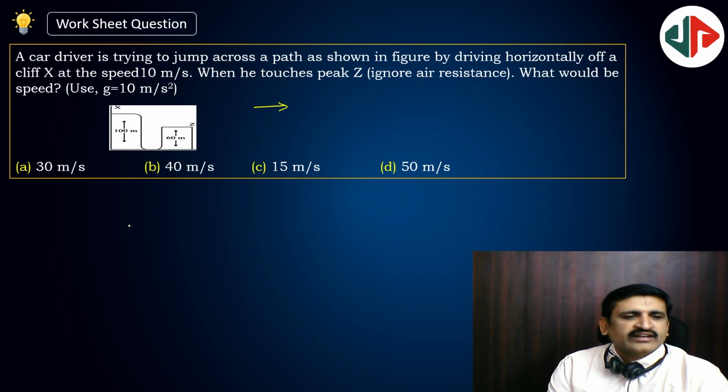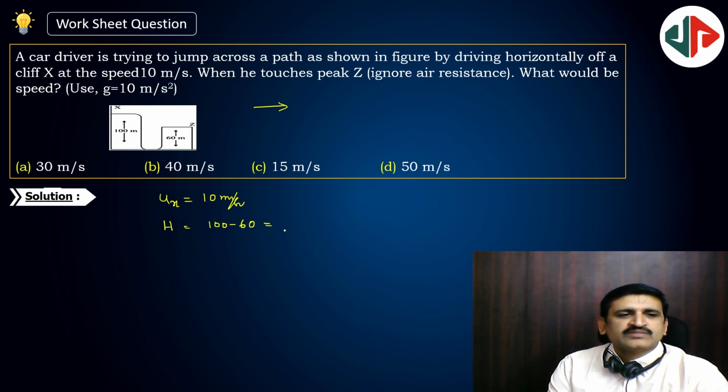That I can write as, here I will write ux is equal to 10 meter per second. Next, and the height covered h is equal to 100 minus 60, because from that point to this point, that's 40. Yeah, 100 minus 60 is 40 meters. Okay. Next, what would be the speed?